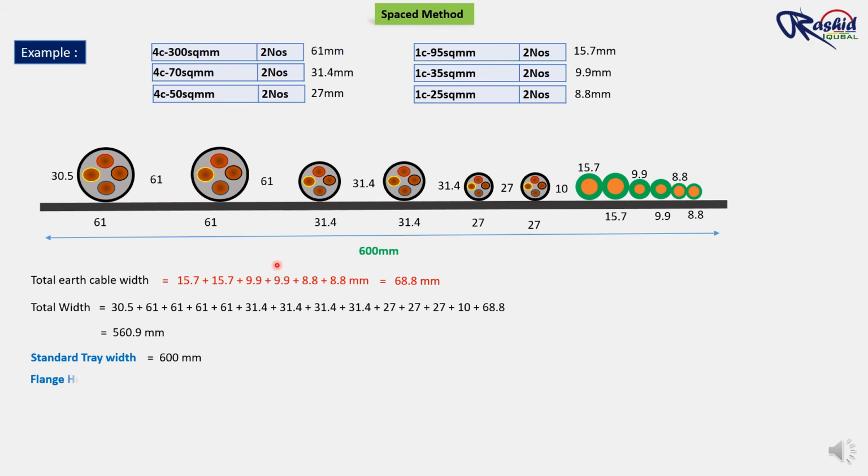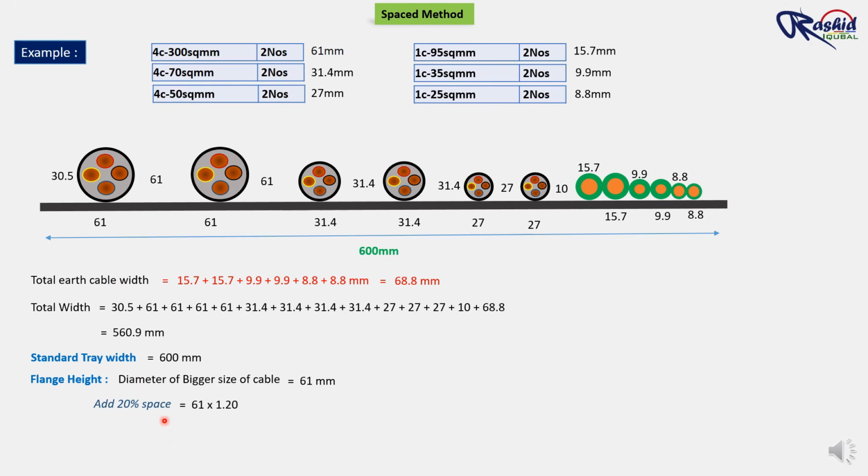Now let's calculate the flange height, meaning the height of the wall of the cable tray. The technique to find the flange height is to look at the largest cable we are laying in the cable tray, which is the 4 core 300 square mm cable, with a diameter of 61 mm. To allow for ventilation and airflow, we can add 20% extra height.